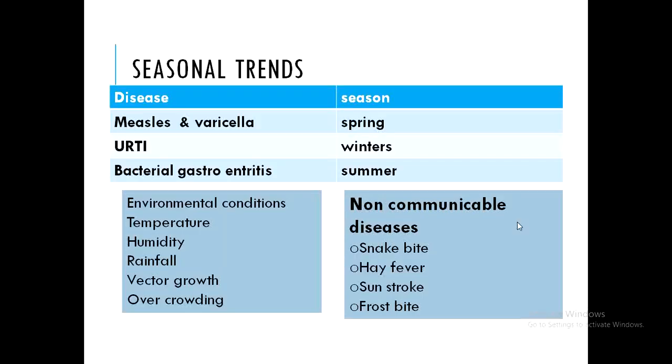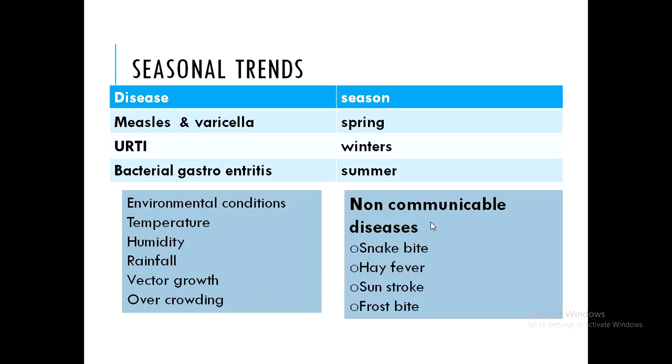As you can see, measles and varicella present themselves in spring, upper respiratory tract infections are more common in winters, gastroenteritis is more common in summers, and there are multiple factors which can affect the seasonal trend of a disease in case of infectious diseases.